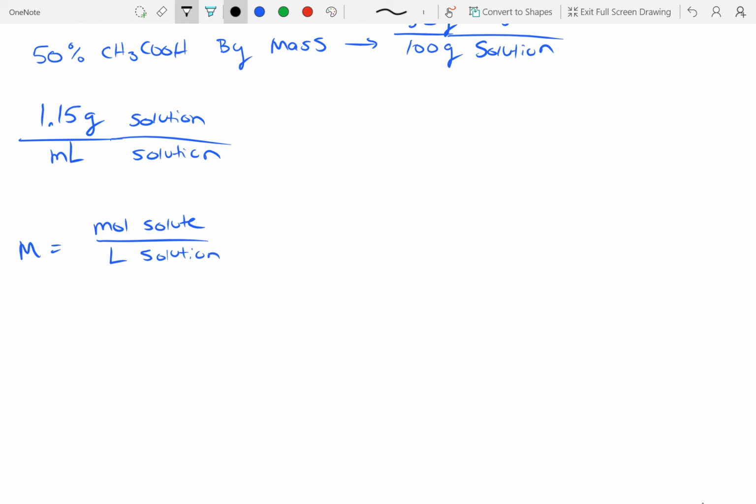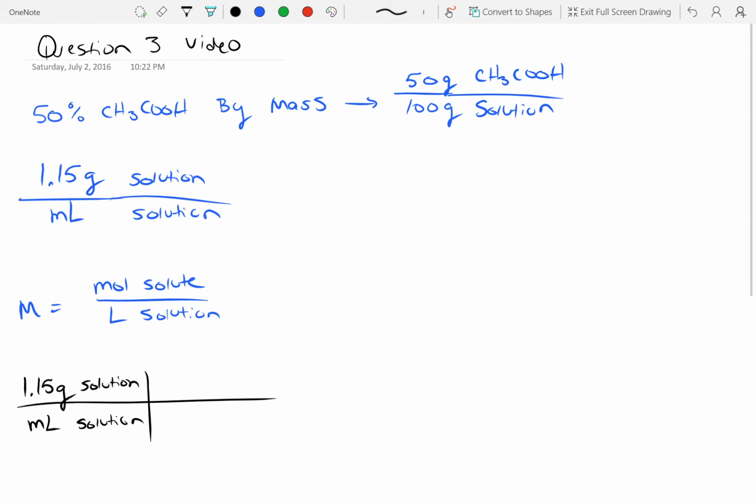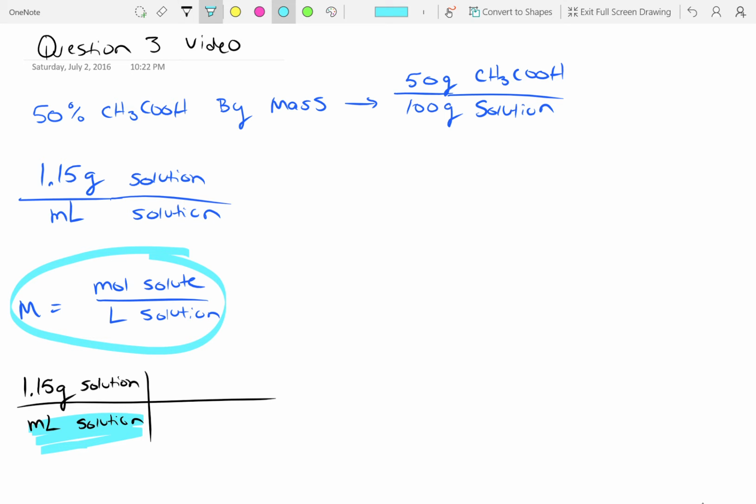We initially have 1.15 grams per milliliter of solution. The first step is to get from milliliters of solution to liters of solution, since molarity has units of liters of solution.